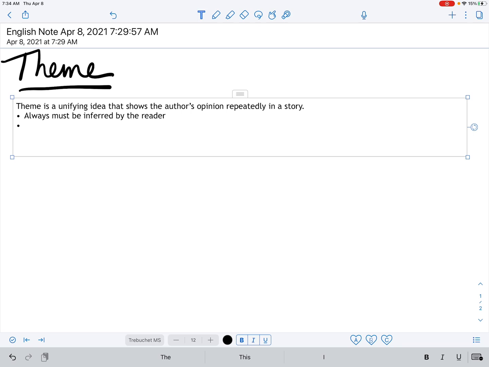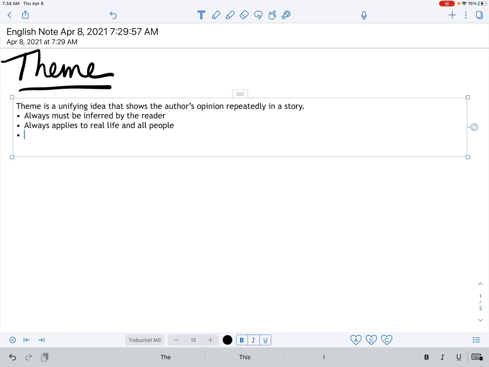Another important point about theme is that it always applies to real life and all people. So it should not matter the time period of the story. It should not matter the cultural background of the story. If you're looking for a theme in a story, it should be applicable to all people in real life.